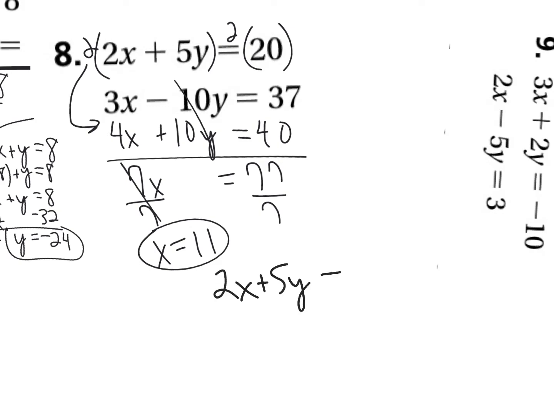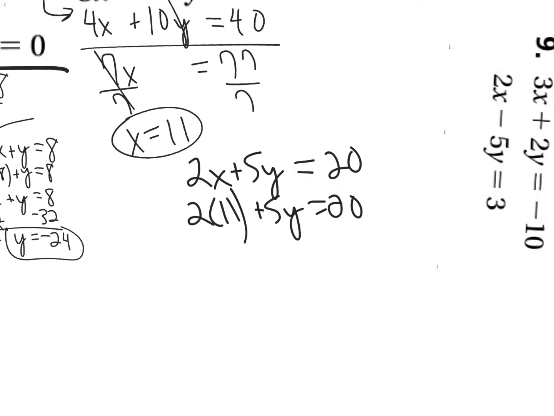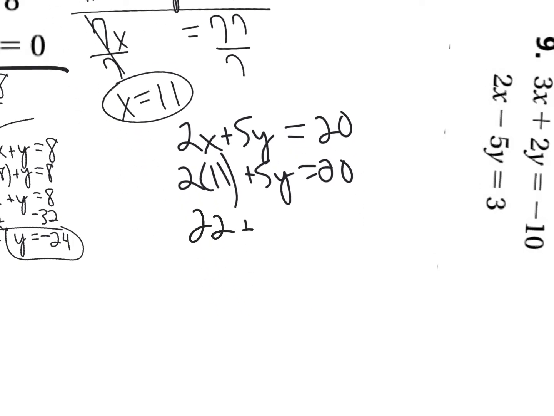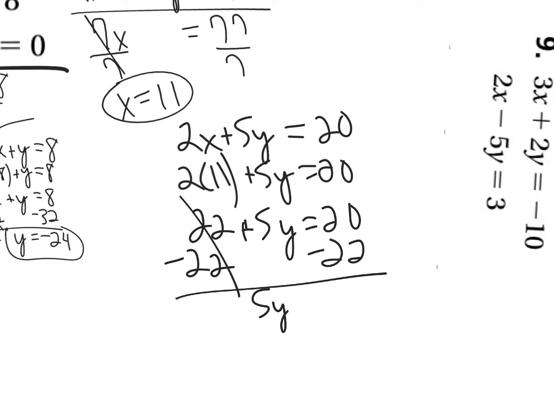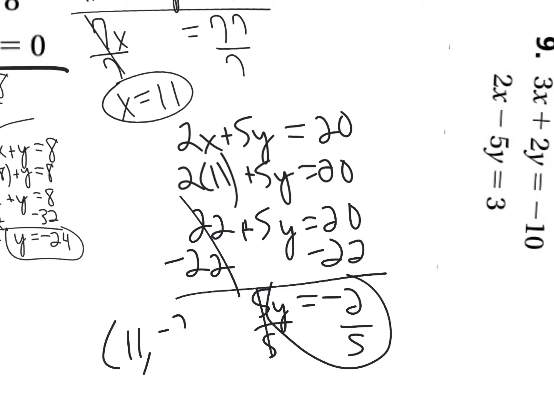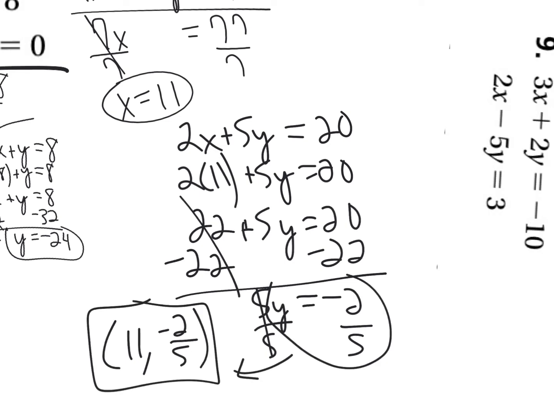I kind of like the top equation. No negatives and smaller numbers there. So 11, negative 2/5 would be our solution for that system of equations.